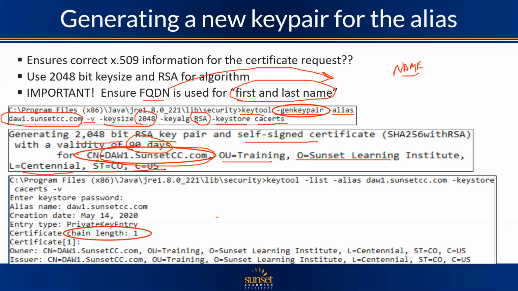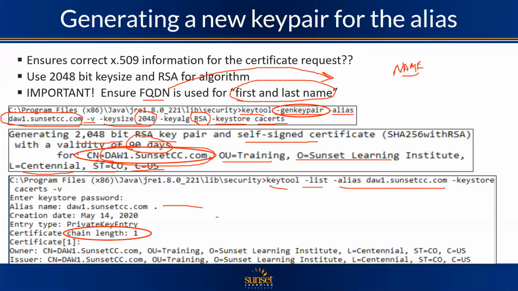When you hit enter, it says, are you sure this is what you want? Get one final time to say yes or no. And now what we've got listed here is a new entry, I guess, in our key store. So at the bottom of the screen, we're doing a Keytool -list using that alias again in our key store CA certs.